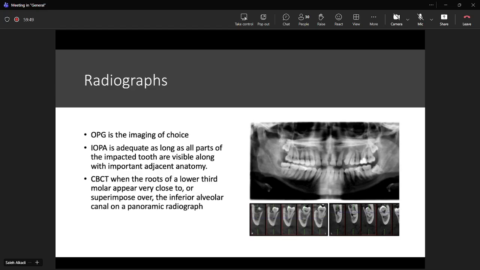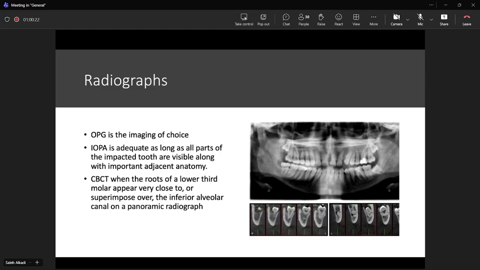However, in most countries now, it's not the gold standard for assessing wisdom teeth because they have moved to CBCT. With an OPG, you can assess the wisdom tooth, the adjacent structures, and the relationship between the wisdom tooth and the inferior alveolar nerve. You can classify the wisdom tooth very easily. If you don't have an OPG, sometimes an intraoral periapical is adequate as long as it shows all parts of the impacted tooth and the surrounding structures. If not, then it's not acceptable.